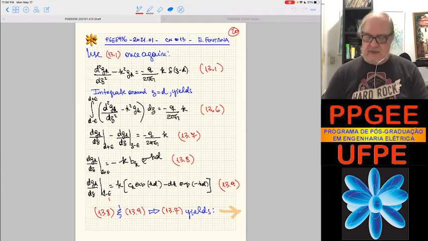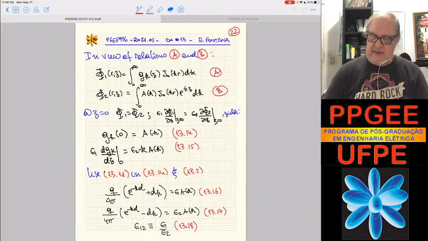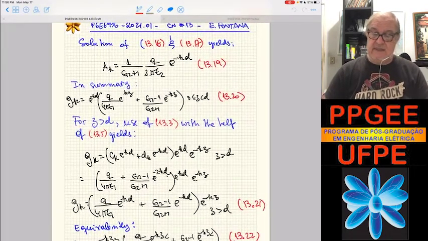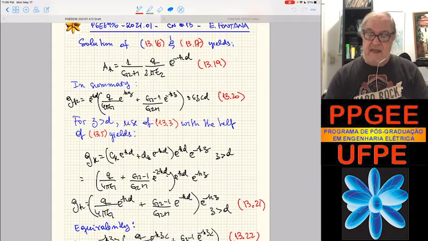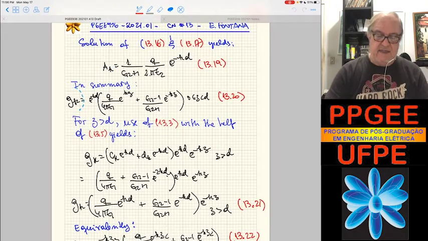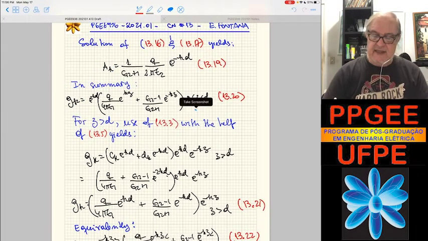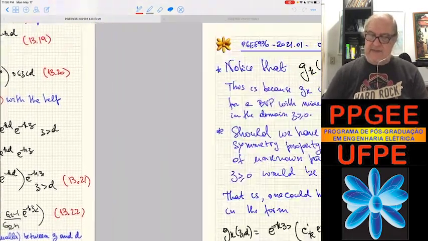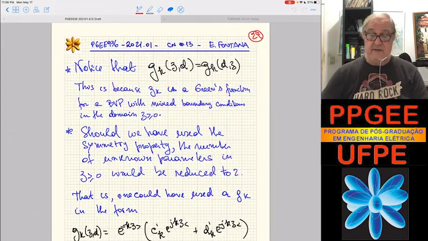So the solutions in 13.19 and 13.20 are the constants after we determine them. The solution depends on AK on the lower hemisphere, and the GK function is something like this on the upper hemisphere. There's lots of algebra here.